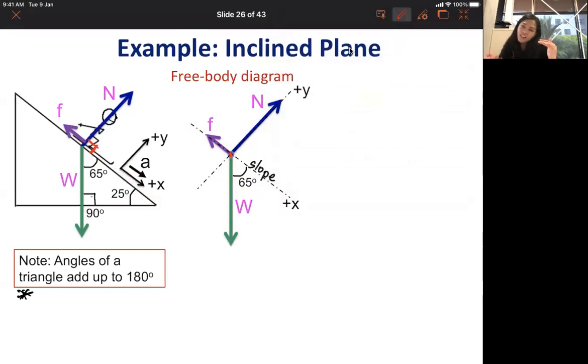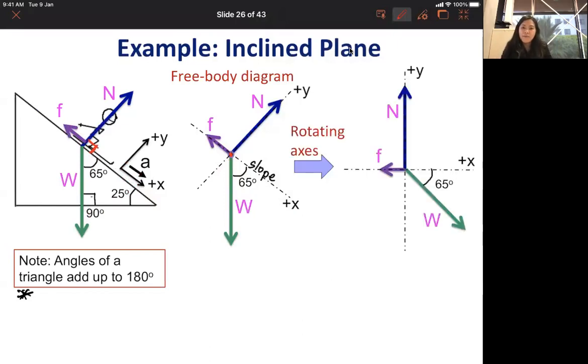I don't know about you, but it's hard to visualize these slanted x and y axes. So you can always rotate your axes, keeping everything together, so that your x-axis is in the horizontal and your y-axis is in the vertical.